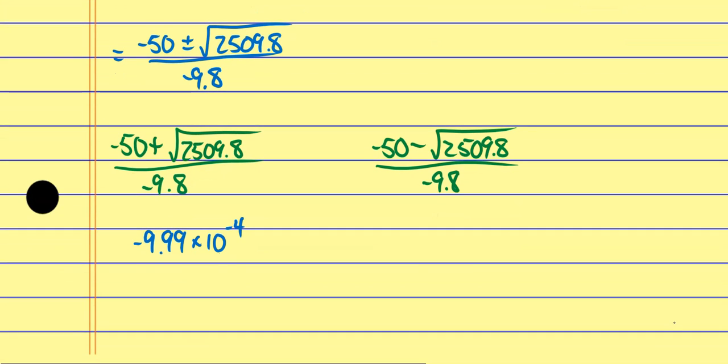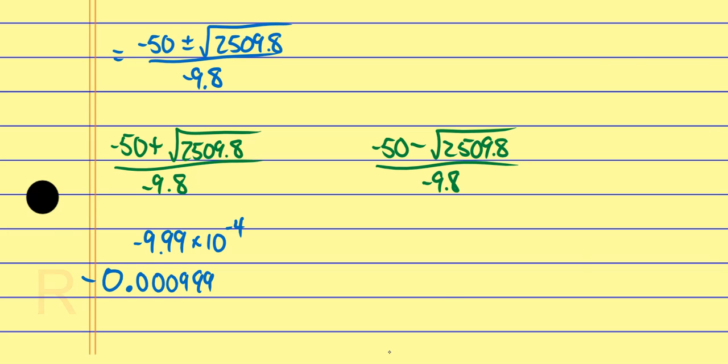And scientific notation, remember, I'm going to move that decimal 4 places. Let's see, that's 1, 2, 3, 4. Okay, so just reading our calculator a little bit gives me a negative 0.000999.